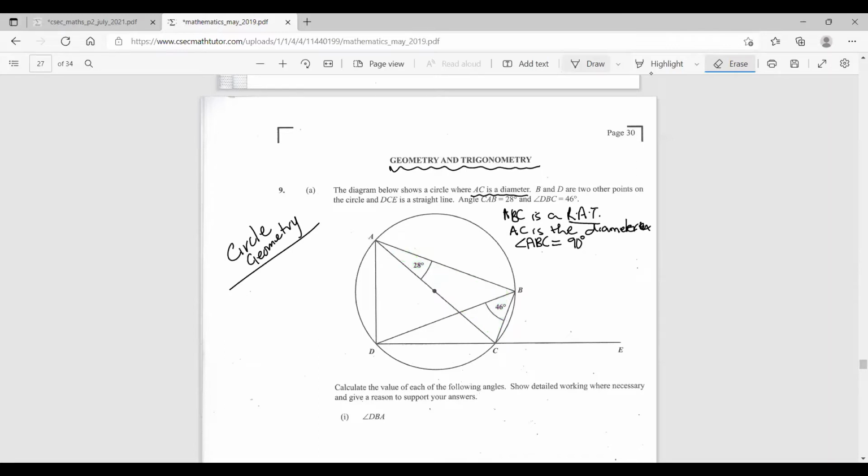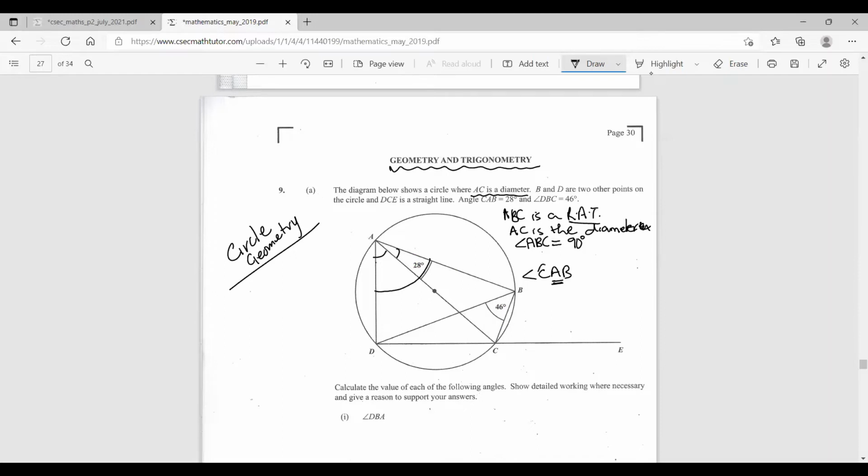To find an angle, we follow the lines. So this means angle CAB. To find the angle CAB, we know that the angle is at A, but there could be many angles at A. When we look at A, there's an angle here, there's an angle here, and there's also an angle here, right? So we don't know which one they're talking about.